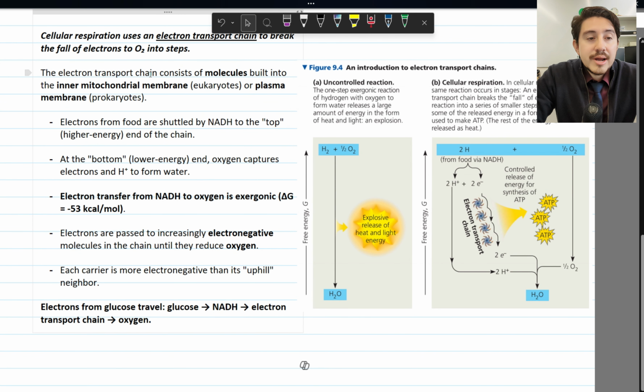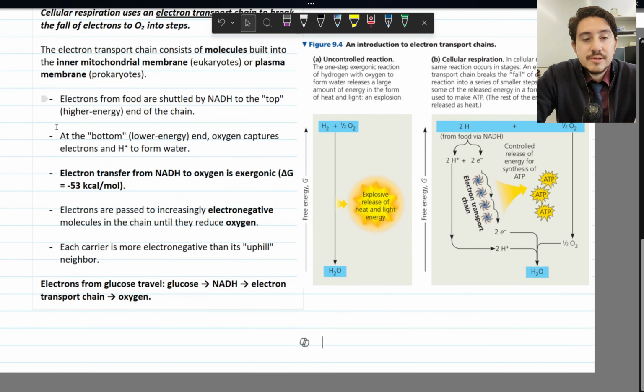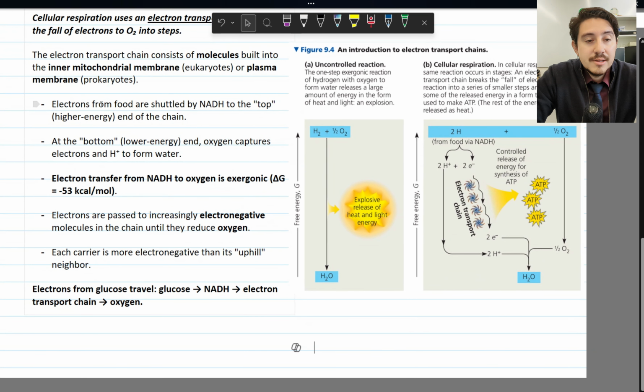And what happens here is that this electron transport chain consists of a series of molecules. They're represented by these little spinners, turbines, if I can say. And we're going to see the actual electron transport chain that is built inside the inner mitochondrial membrane for eukaryotic cells, and for prokaryotic cells, it's embedded within the plasma membrane.